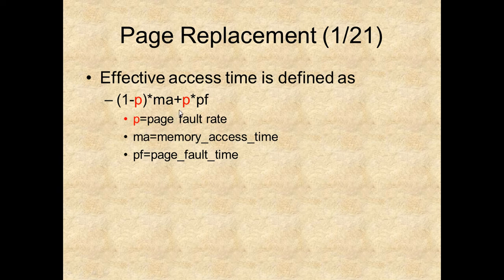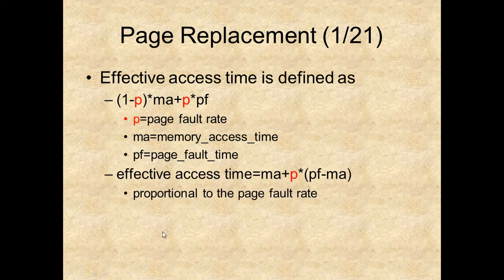When a page fault does happen, the effective time is p times the page fault time, pf. Otherwise, the effective time is just the memory access time. The addition of these two terms is the effective memory access time.